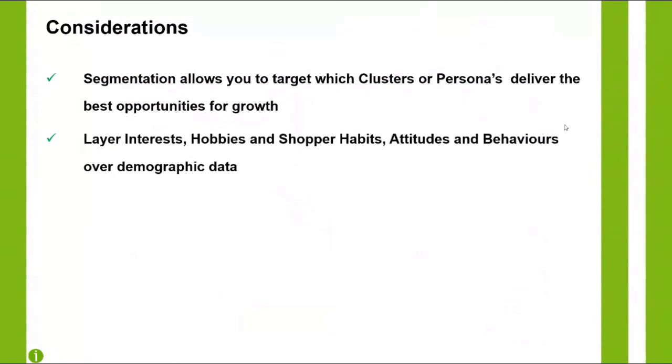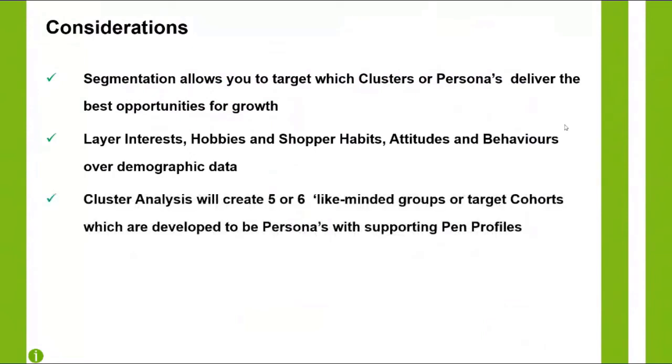So it's really understanding which interests and hobbies and habits are important on top of demographic data. So each brand will have a different set of these variables that are important to understand and to capture. And then in our case, we run significant amounts of cluster analysis to really uncover and connect people together that have these shared common traits or shared common variables.